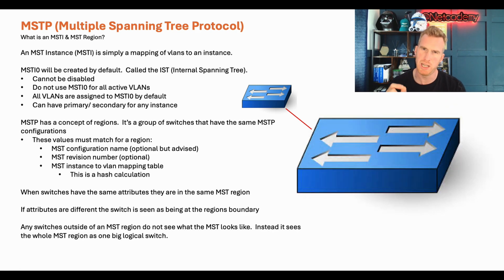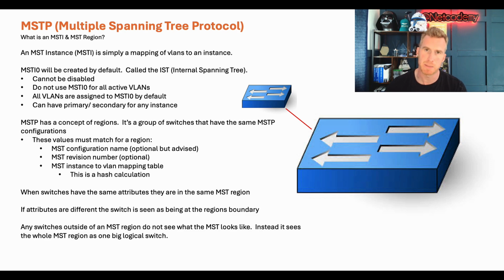But what is really cool about this is that from that outside switch perspective, from that switch that isn't in the same region, it will see switch 1, switch 2 and switch 3 as one logical switch, because they're in the same region. They have the same instance to VLAN mapping.